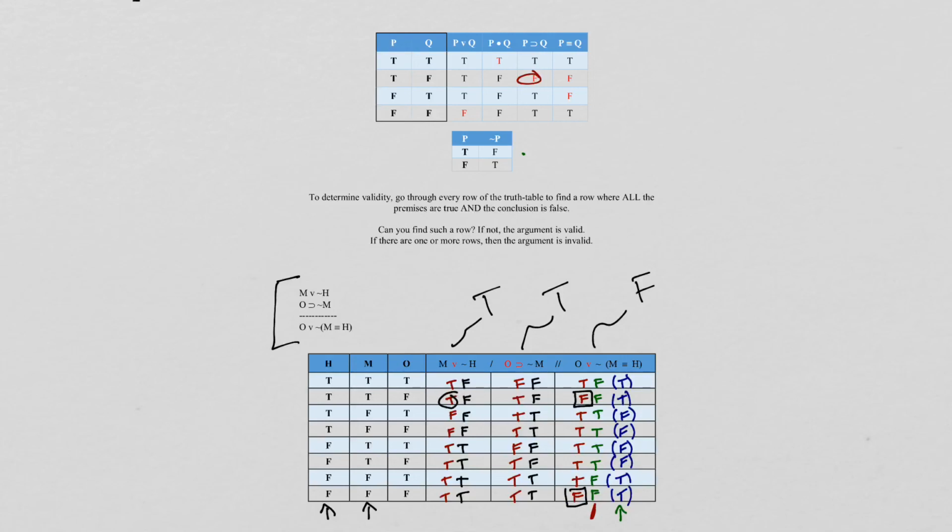And if you'll see, it's true, true, false, true, true, false. They both make it invalid. You only need one, but we know that this argument is invalid. Okay, next time we'll go over translating and then doing a truth table.